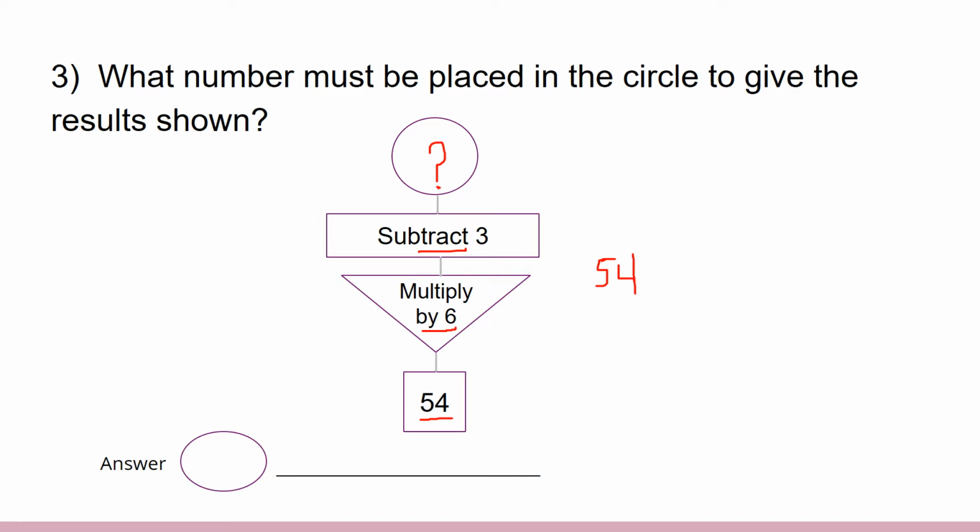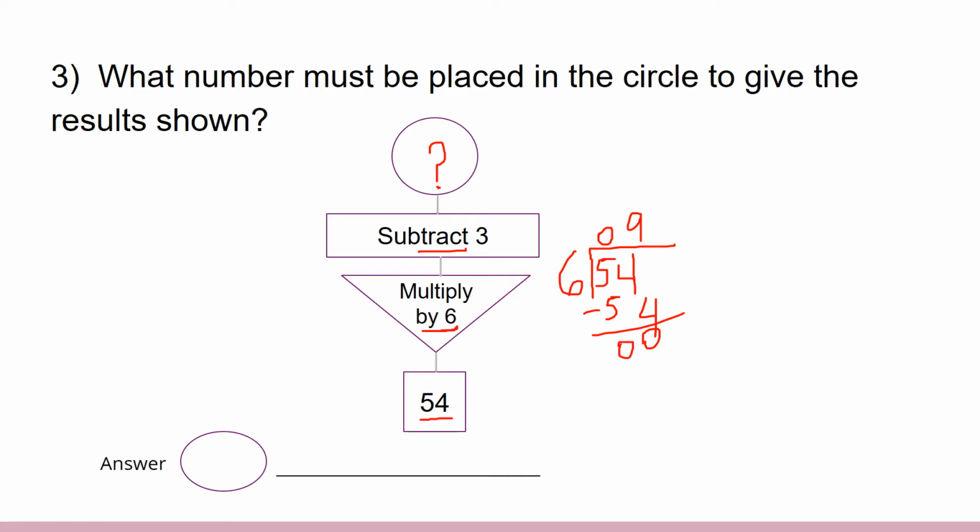And instead of multiplying by 6, we would divide 54 by 6. 6 into 5 is 0. 6 into 54 is 9. 6 nines are 54. We subtract. We have 0 remainder. So 6 can go into 54 9 times.